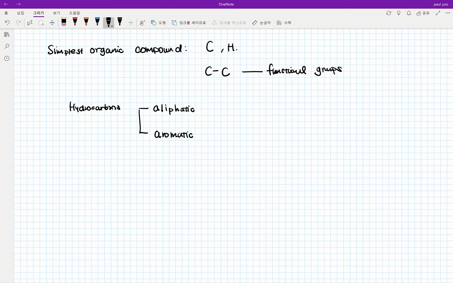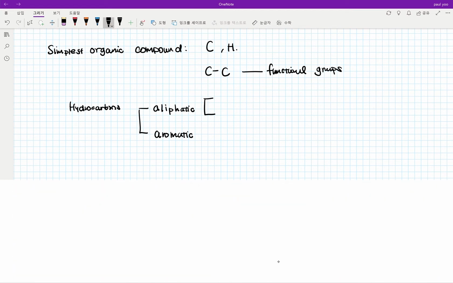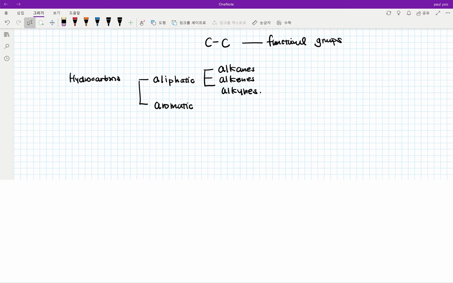Aliphatics are made up of three major groups: alkanes, alkenes, and alkynes. Aromatic has another name, and it is sometimes called arenes.